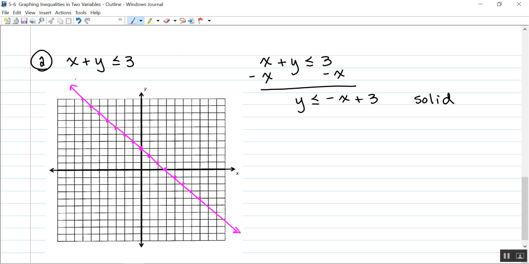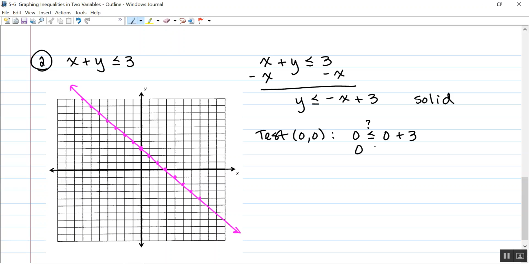And now I need to figure out which side of that line needs to be shaded. I'm going to use my test point, 0, 0, because my graph does not go through 0, 0. Actually, if your graph goes through 0, 0, you might choose something else easy like 1, 1 or 0, 1 or 1, 0. Okay, so plugging in 0 for y and 0 for x.